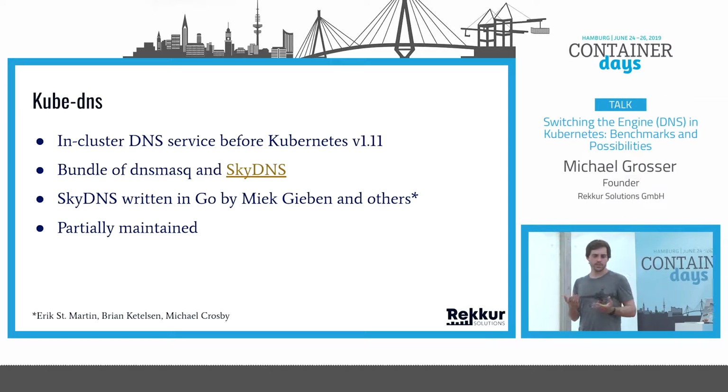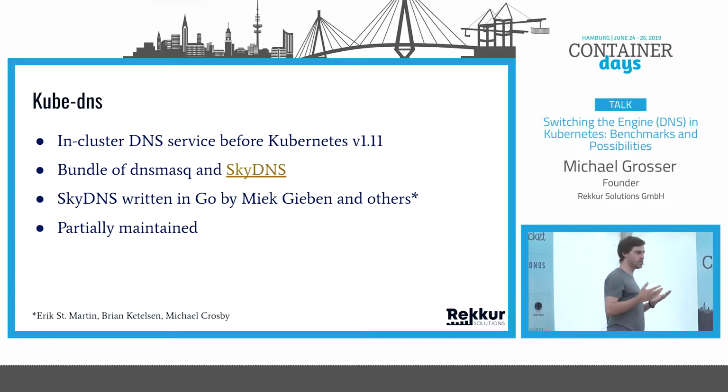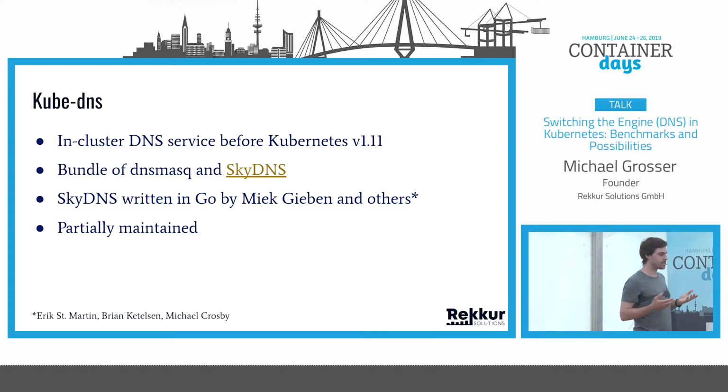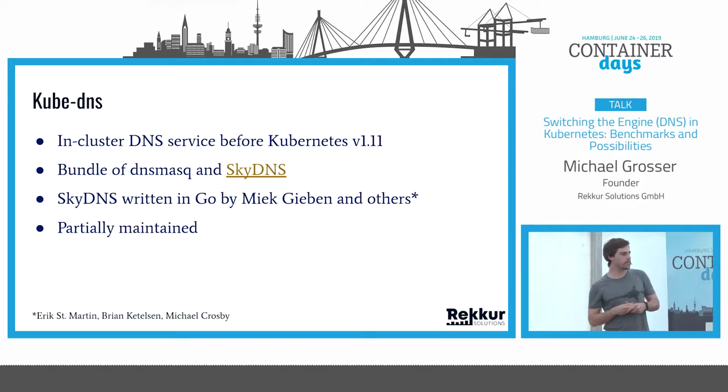So enter Kube-DNS. Kube-DNS was the legacy way to do things. Or basically, Kube-DNS was the way the cluster DNS was provided before version 1.11. So what did it do, and what was it?